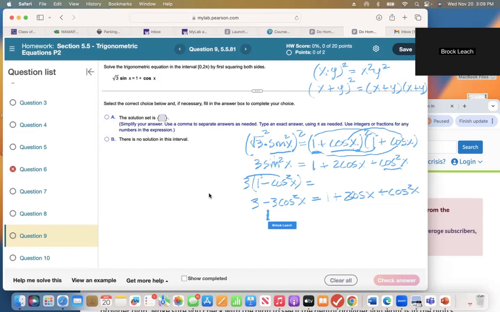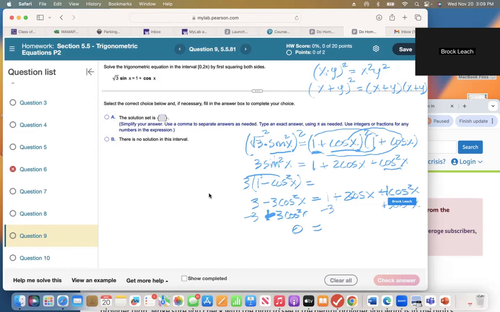We're going to have to factor this. So I'm going to add 3 cosine squared x to both sides and then subtract 3. So we'll subtract 3 with the 1, add the 3 cosine squared x to the cosine squared x, where they are actually going to be able to combine. That makes this equal to 0 and leaves me with 4 cosine squared x.